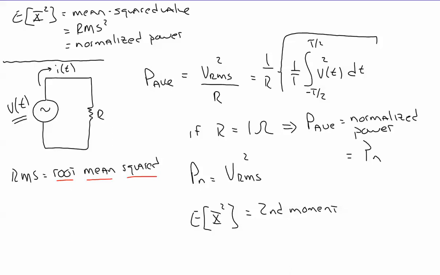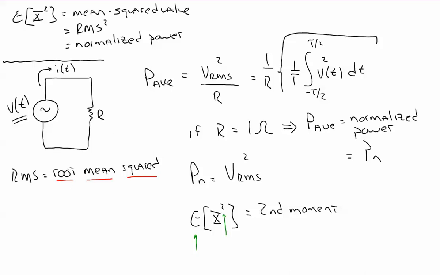What am I doing? The first thing I do is square my random variable. The second thing I do is find its mean. The square of the RMS value is just the mean squared. Does that make sense? If I square the root mean squared, I just get the mean squared value.